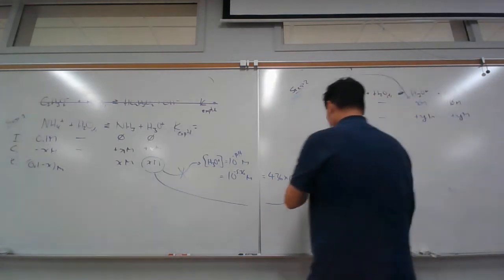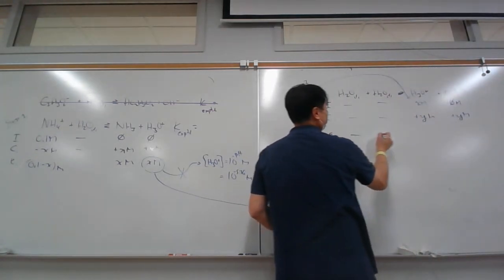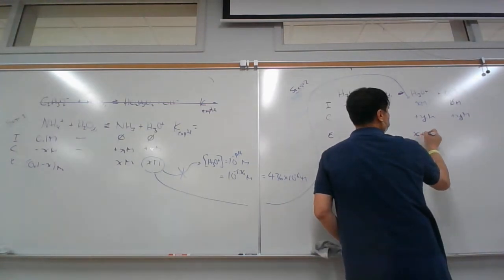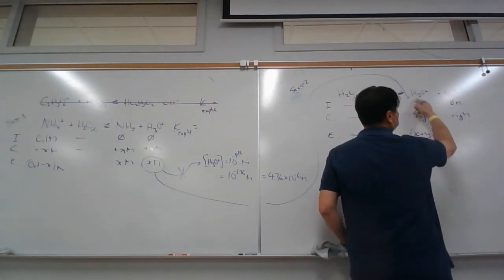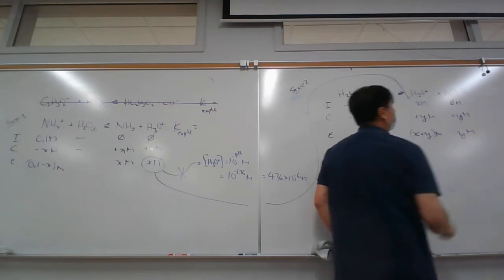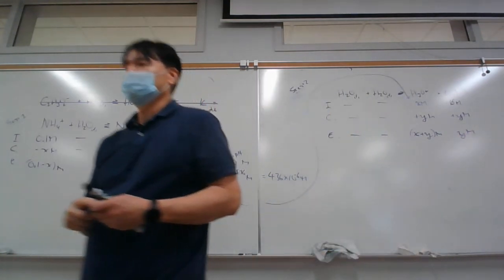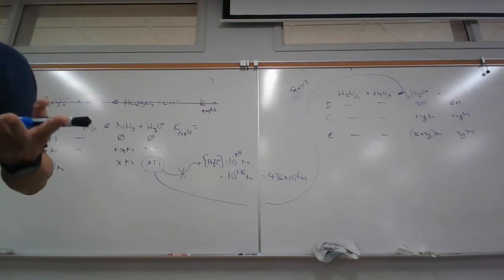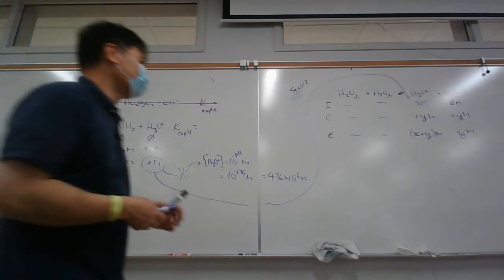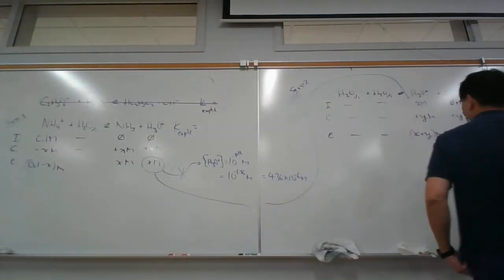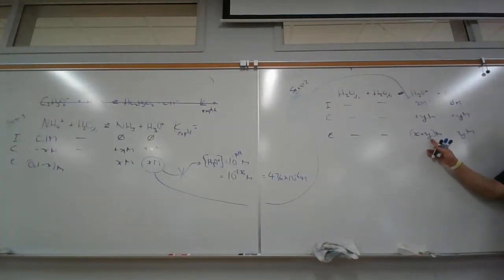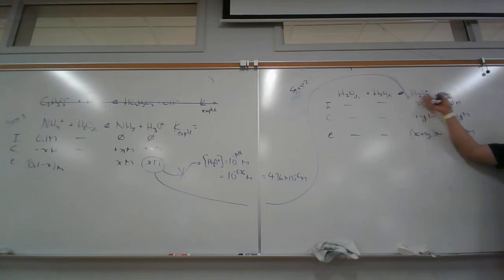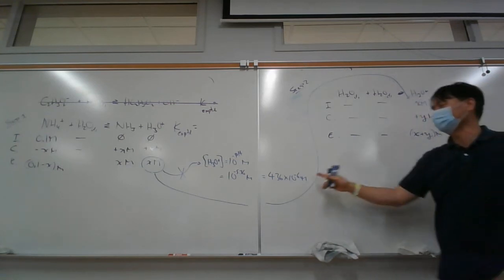And so at equilibrium, we're going to have X plus Y molar hydronium, and then Y molar hydroxide. Then what I did was the simplifying assumption. I assumed that Y is going to be negligible compared to X. If Y is negligible compared to X, then I can just ignore step 2 and plug in over here.